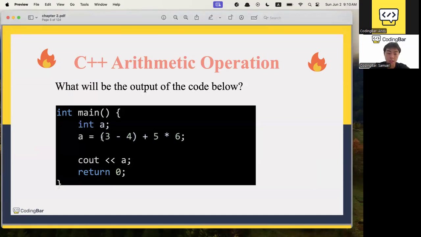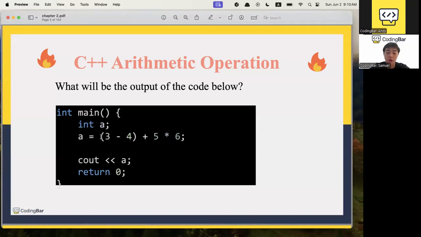So in this expression, the thing inside parentheses will be executed first. So 3 minus 4 equal to minus 1, plus 5 times 6. So times has precedence over plus. So we do 5 times 6 first, which is 30.